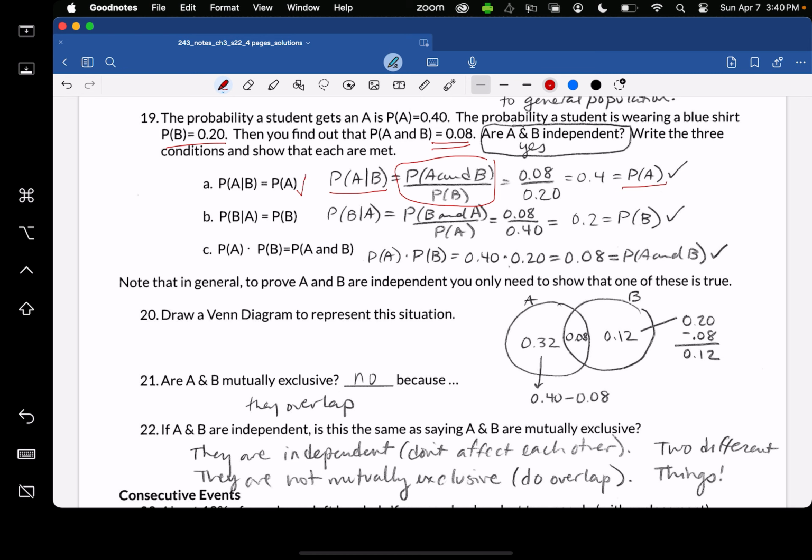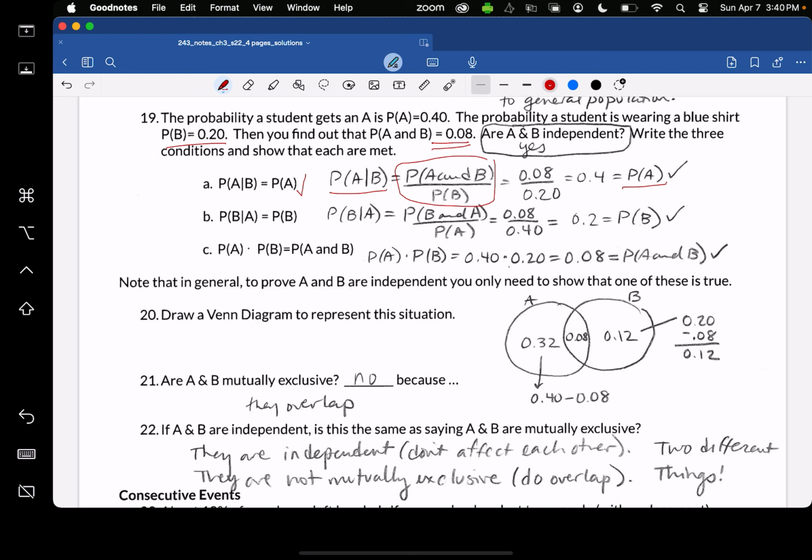Then I do the probability of B given A. Again, here's my formula. That's P of B and A over P of A. Work that out, 0.08 over 0.40, and I get 0.2, which is P of B. So this is just a massive coincidence, but it shows that A and B must be independent.